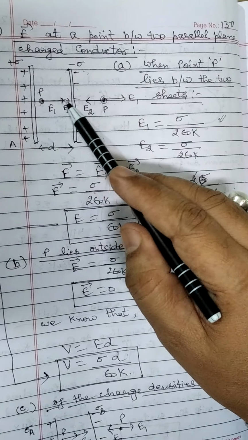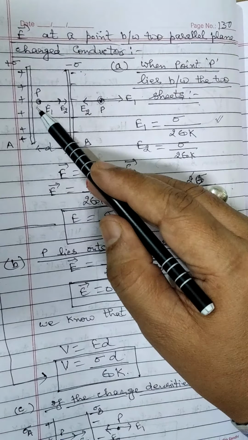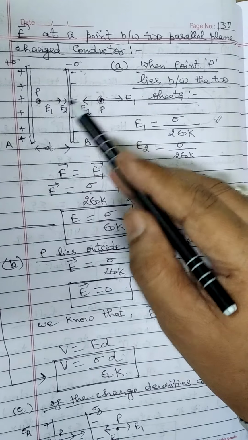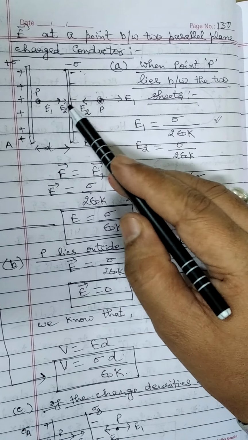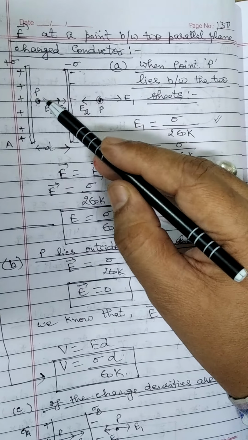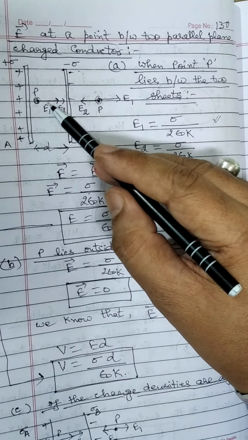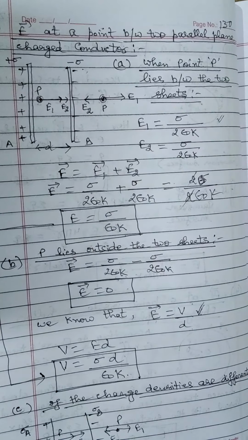Now see the direction, put the plus q0 here, इसकी वजह से रिपल्शन होगा तो E1 इधर आ जाएगा, इसकी वजह से प्लस q0 का अट्रैक्शन होगा तो E2 इधर आ जाएगा. That means when the point P is inside, then E1 and E2 both are in the same direction.